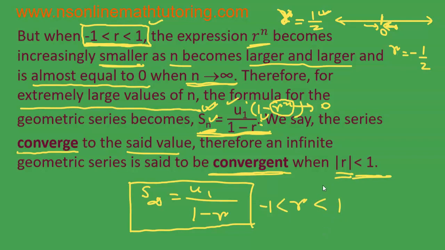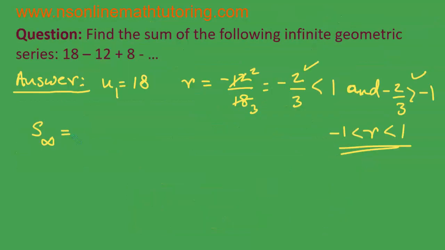So S infinity is equal to u1, which is 18, over 1 minus r, so 1 minus negative 2 over 3. Okay. So this is equal to 18 over 1 plus 2 over 3.